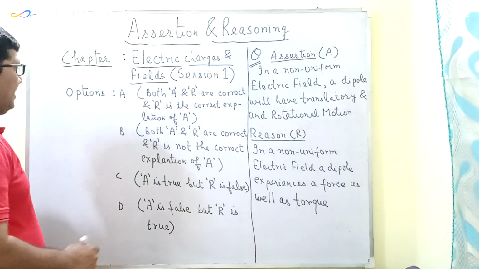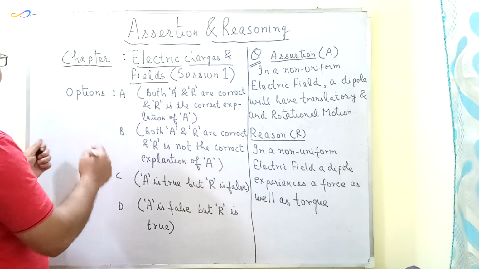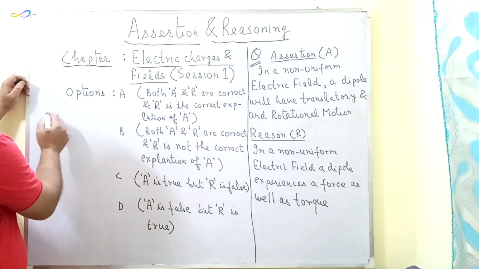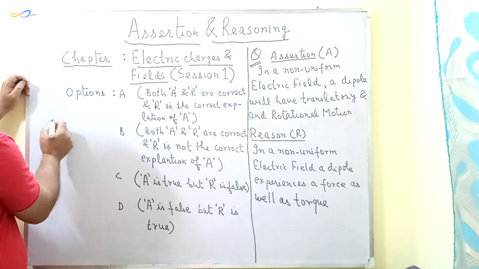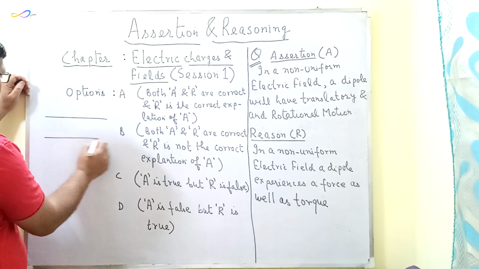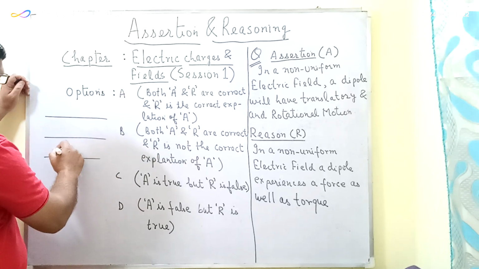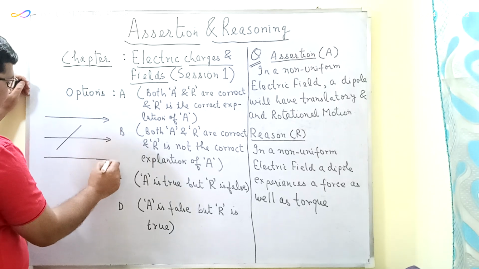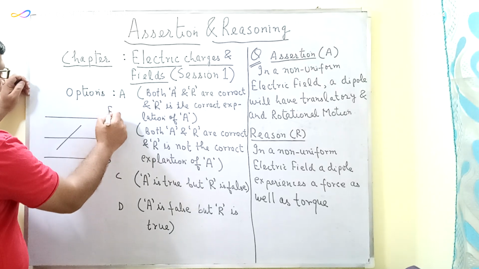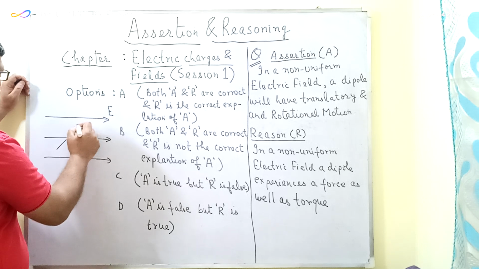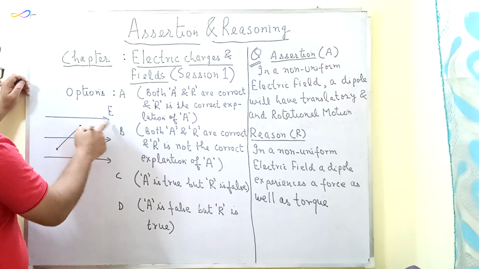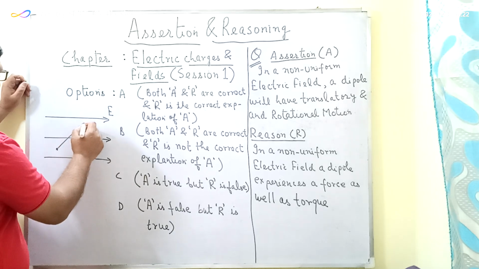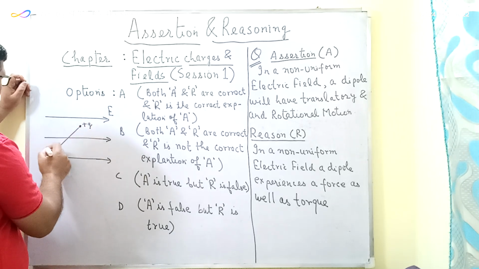So let us try to understand this with the help of one diagram. Here I will be making one diagram. This is the direction of the electric field, and this is a dipole which is placed in this external electric field as shown in this figure.